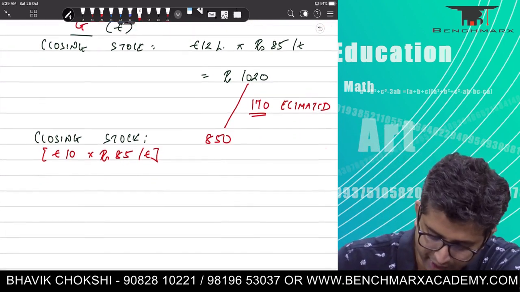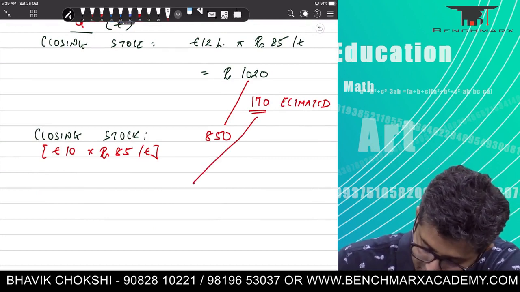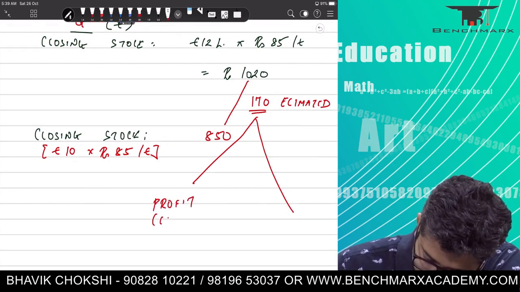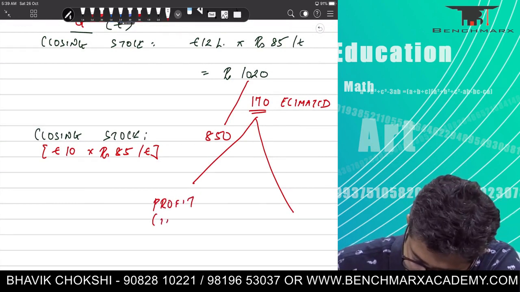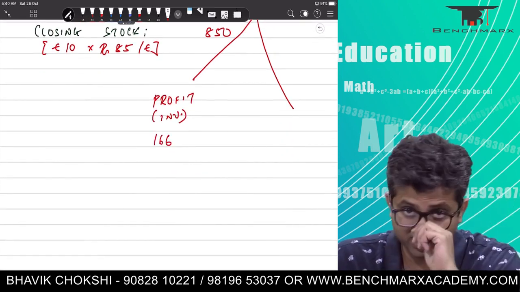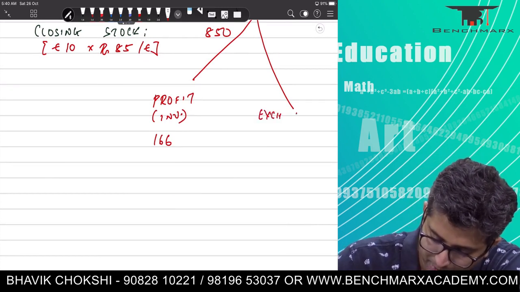So if you try to find the exchange difference on the profits, this 170 can be broken up into the profit that is already recorded on the inventory directly, which is 166, which you want to eliminate, as well as the exchange difference on the profit.